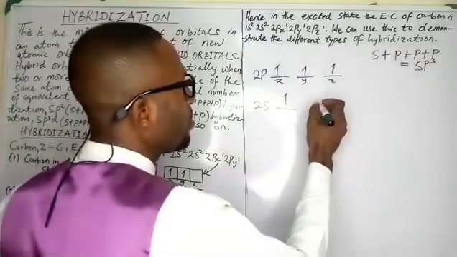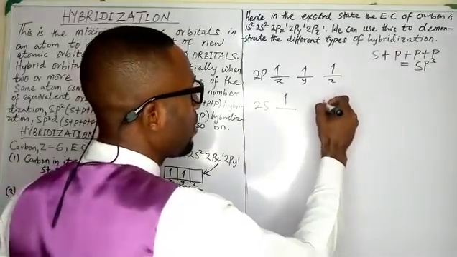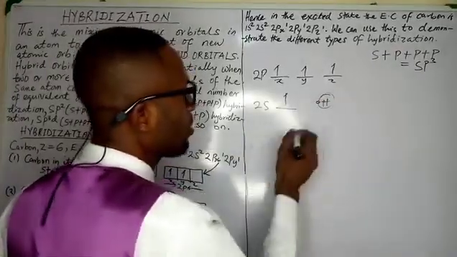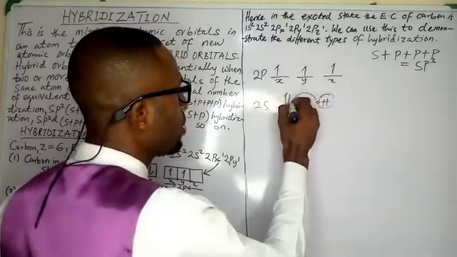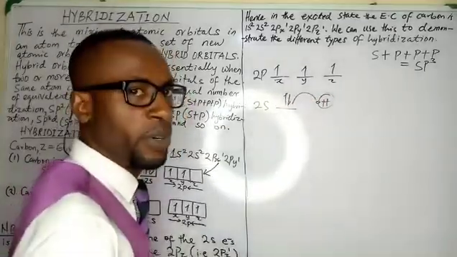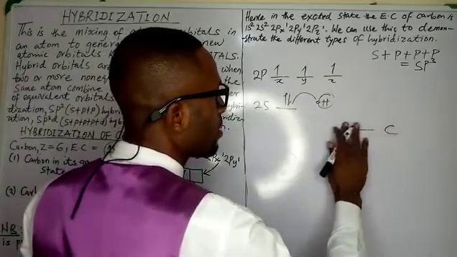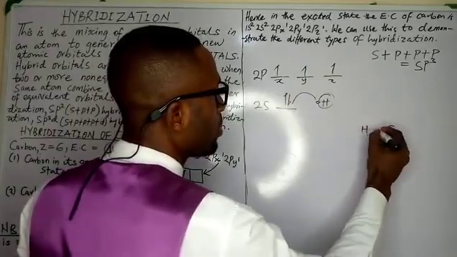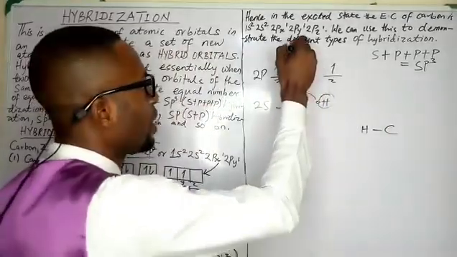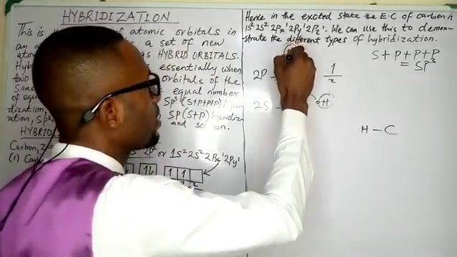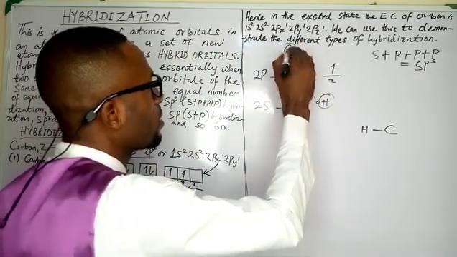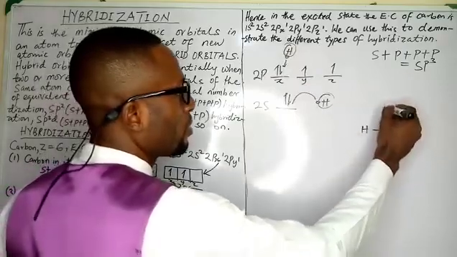Now watch, let's assume we have hydrogen. Of course, it has one electron. It brings that electron here and makes one covalent bond. So this is carbon, for instance. Let's assume another hydrogen is here, brings its electron, and makes another covalent bond here.